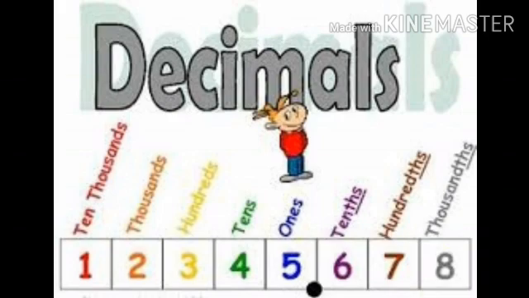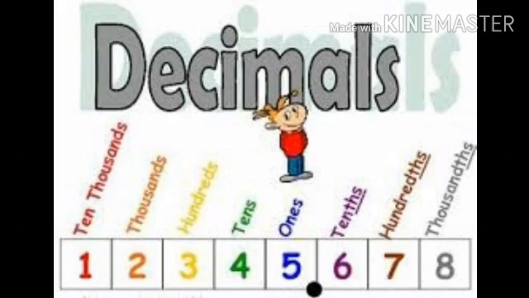Place value of each digit of whole number part is 5 ones, 4 tens, 3 hundreds, 2 thousands, and 1 ten-thousand. And place value for each digit of decimal part is 6 tenths, 7 hundredths, and 8 thousandths. Students, you will note down this example also.